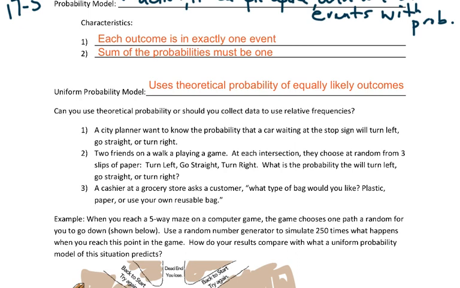If we're talking about theoretical probability, they would have 1/3 of the time going left, 1/3 of the time going straight, and 1/3 of the time going right. But does that actually happen in a city? In order to know what actually happens, you would want to collect data and use relative frequencies.